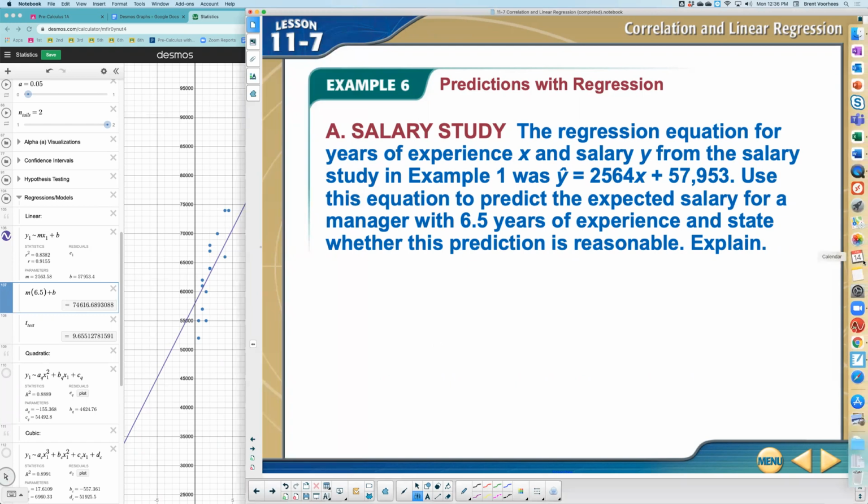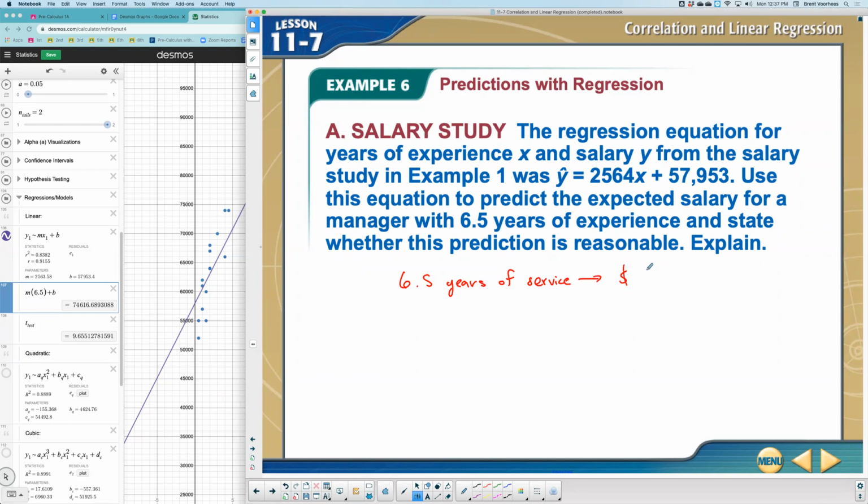A manager with 6.5 years of service could expect a salary of $74,616 and 69 cents.